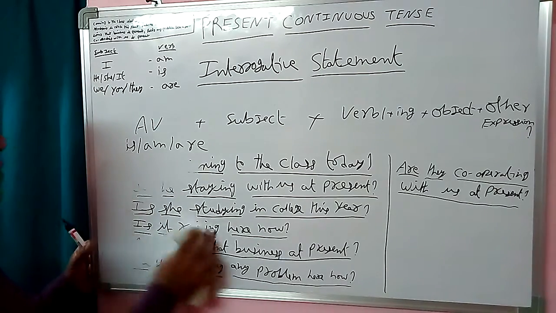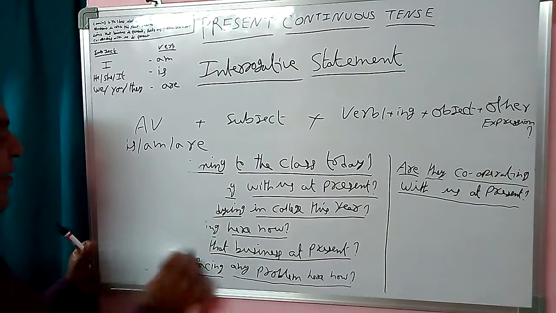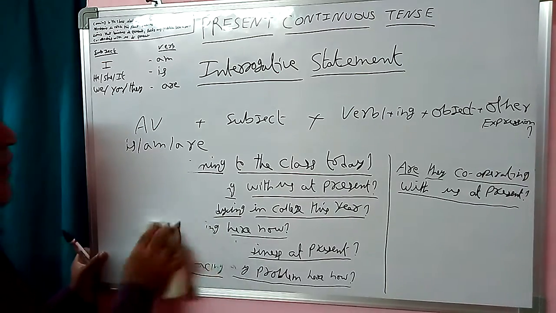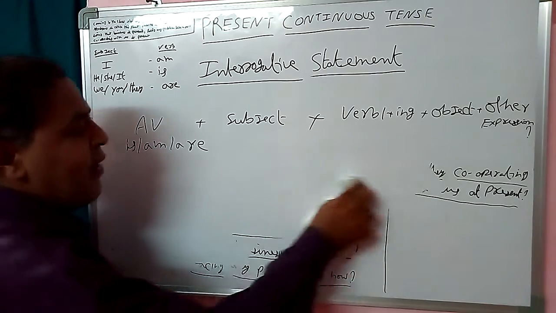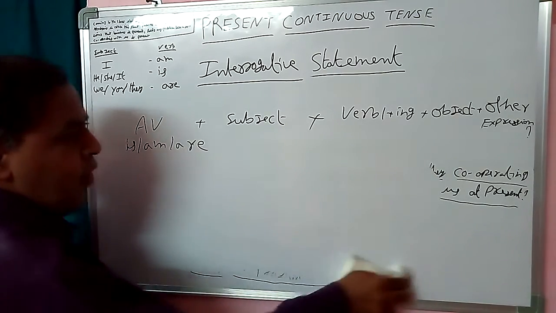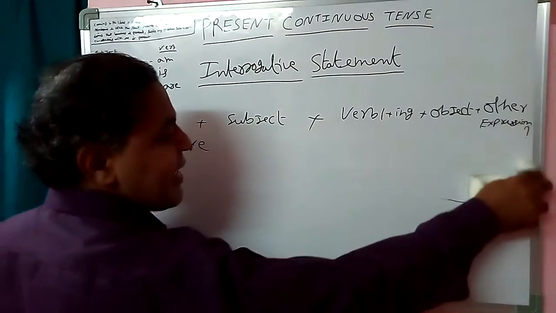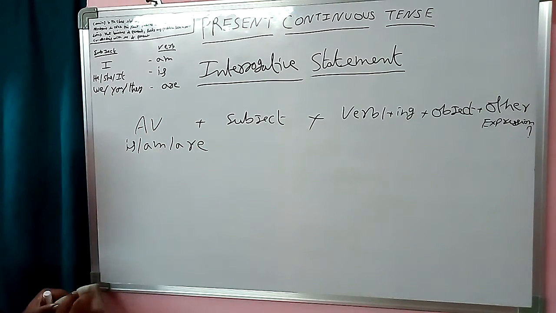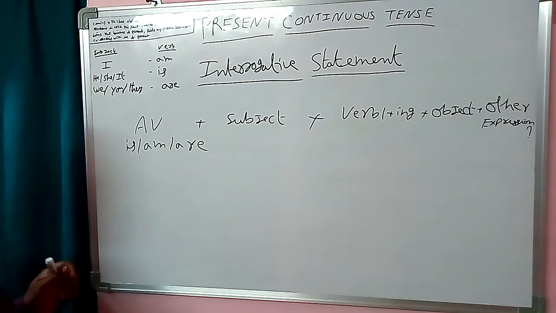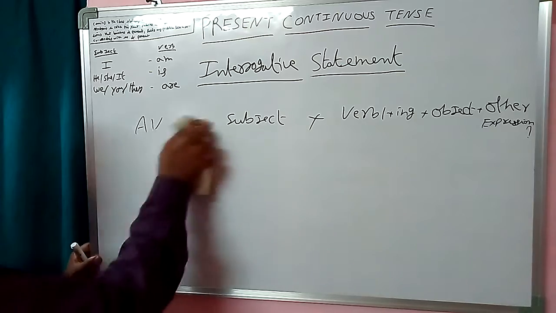The interrogative statement rule is: auxiliary verb, which is am, is or are, then subject, verb 1 plus ing, object and other expression.